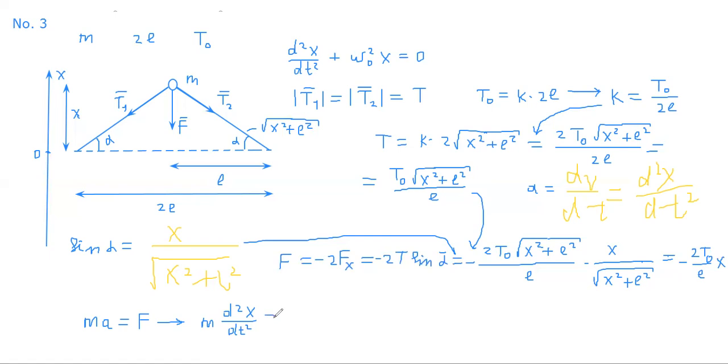So this will be minus 2T0 divided by L multiplied by x.